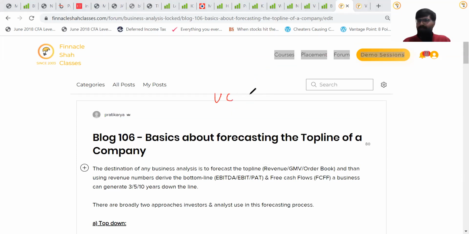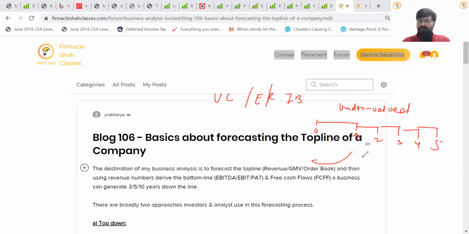Whether you are a venture capitalist, an equity research analyst, or an investment banker, basically you want to make money from money, right? And you make money from money by buying something which is undervalued according to you. In order to judge undervaluation, you need to forecast the future cash flows of the company, right? Only then you can discount it back to derive the valuation of a company.